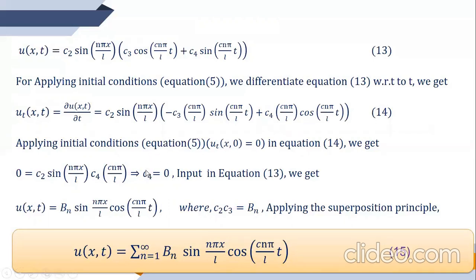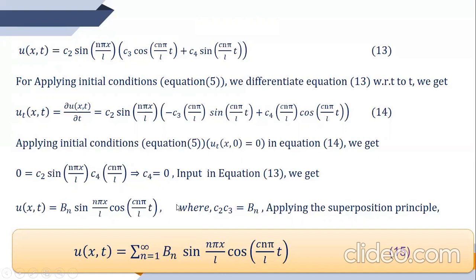So c4 is 0, we input in equation 13, we get u(x,t) is equal to c2 into c3, which we consider bn, so bn sin n pi x by L cos c n pi by L into t, where n is 1, 2, 3, and so on.